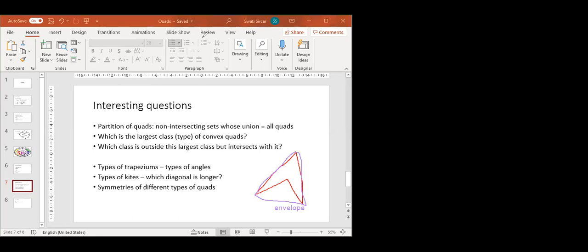Okay, so this diagonal is outside, right? And this one is inside. The third one is that at least one angle is going to be reflex, more than 180 degrees, and that will be this angle.